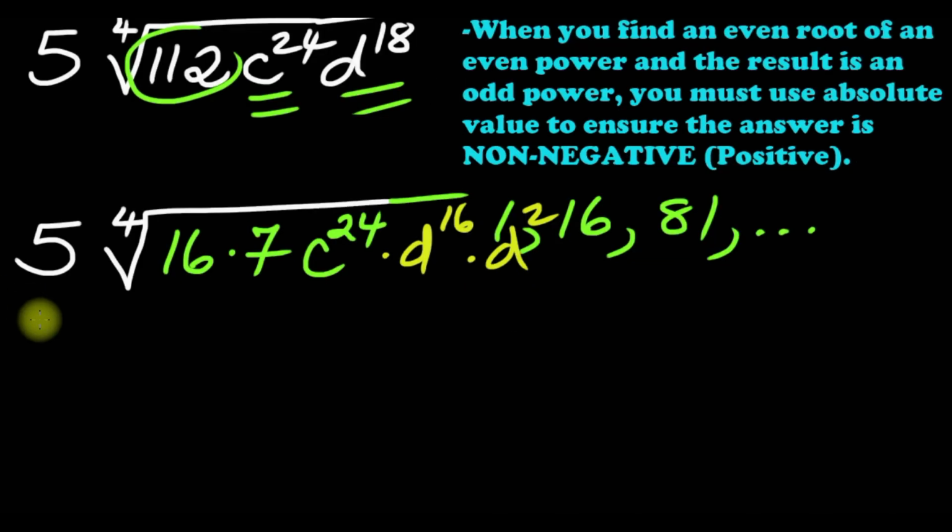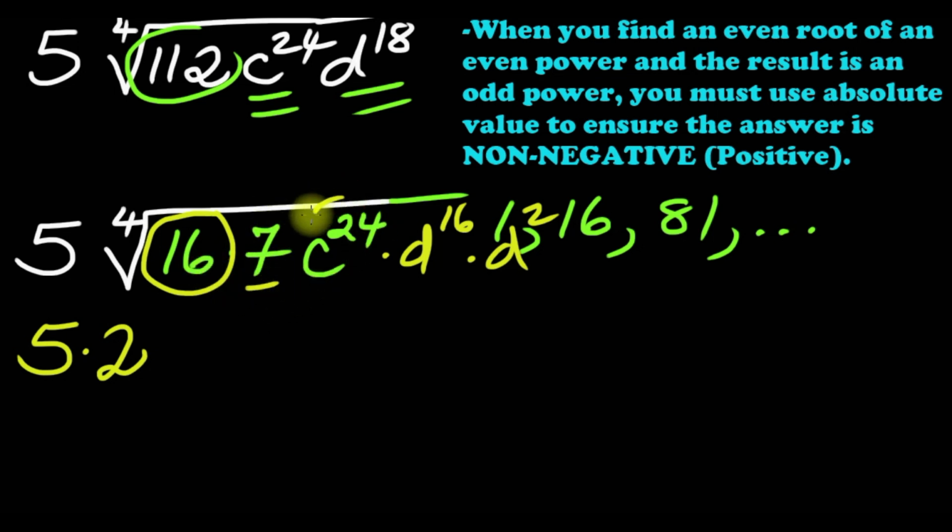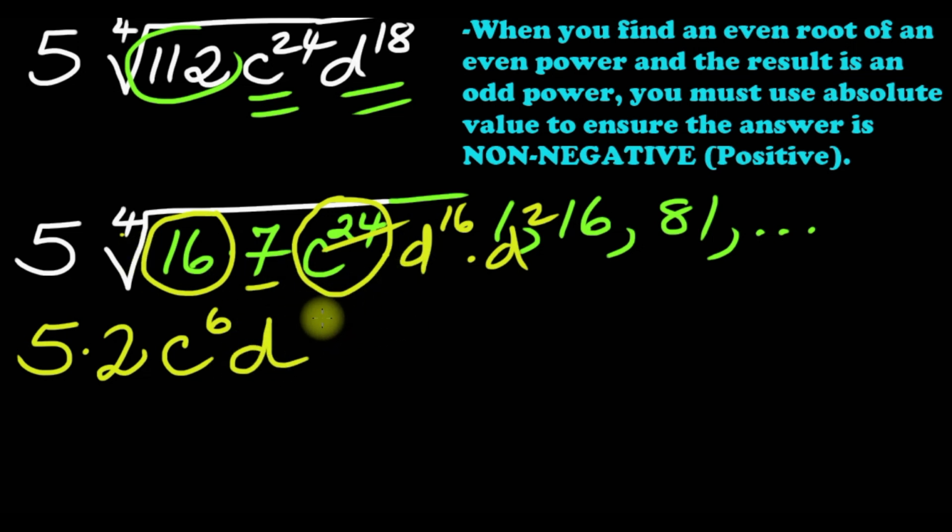All right, so bring down the 5, and the 4th root of 16 is going to be 2. So 5 times 2, and this one stays inside the radical sign. Now the 4th root of c to the 24 is going to be c to the 6, because 4 goes into 24 6 times. And d to the 16 is going to come out as d to the 4th, because 4 goes into 16 4 times.